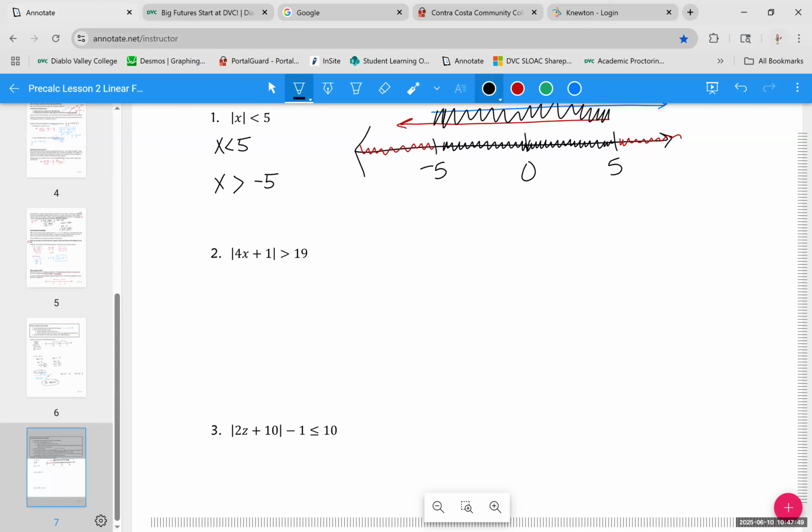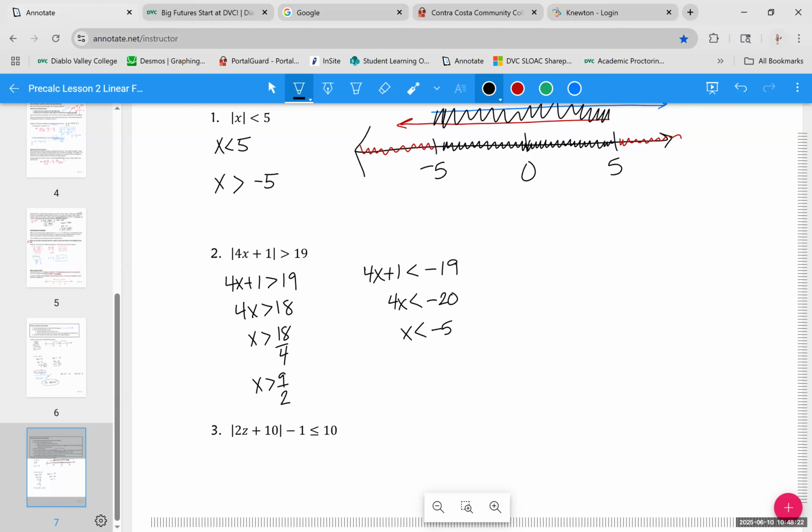I already have my absolute value isolated, so I'm going to break this into two different inequalities. So just drop the absolute value, flip the direction, and make the other side negative. Now I'm going to solve. This would be greater than 9/2. -20 here, so x is less than -5.